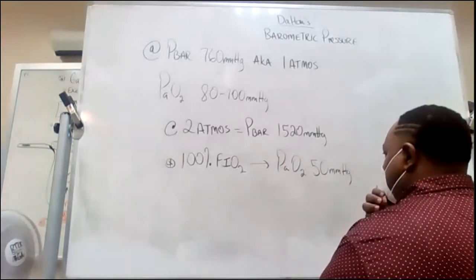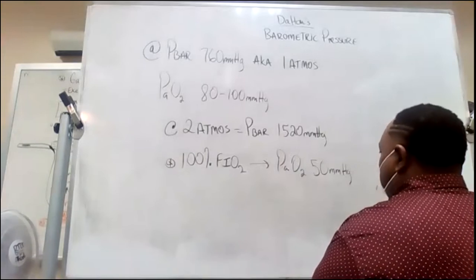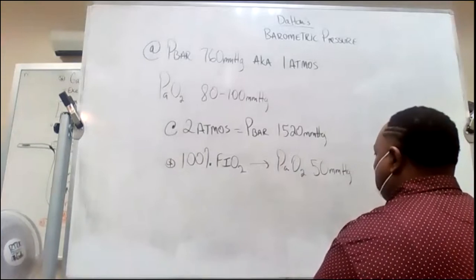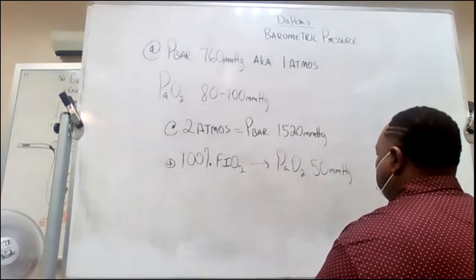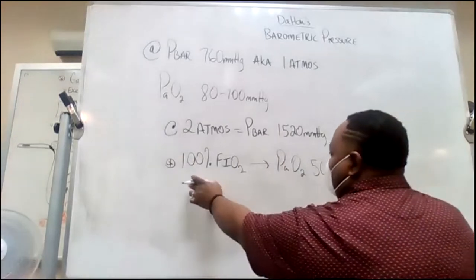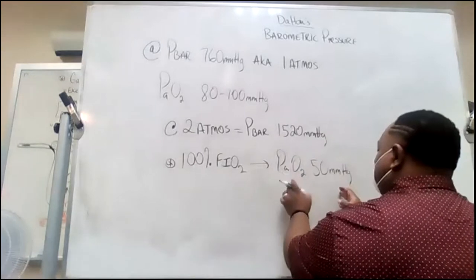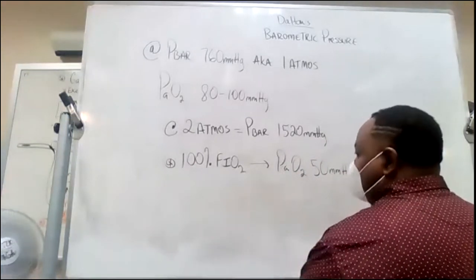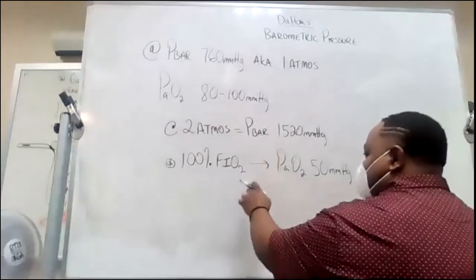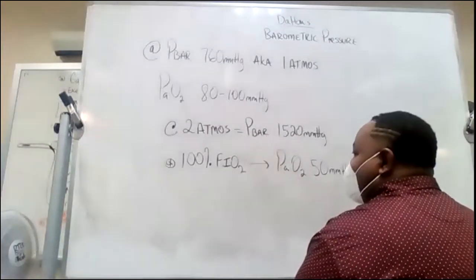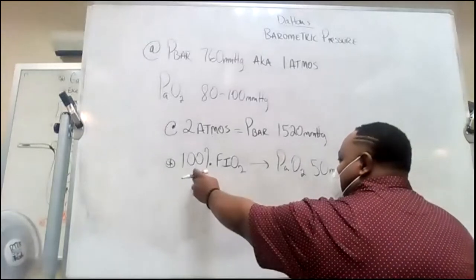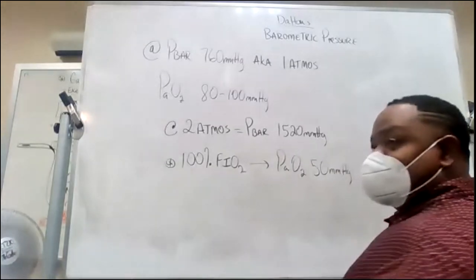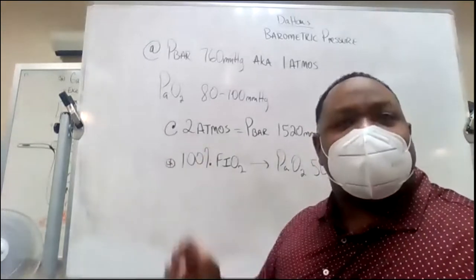If I have him on 100% FiO2 and his PaO2 is only 50 millimeters of mercury at sea level, if I go down 2 atmospheres, then I am going to double the ability that oxygen can do.